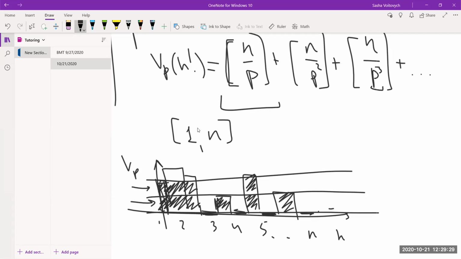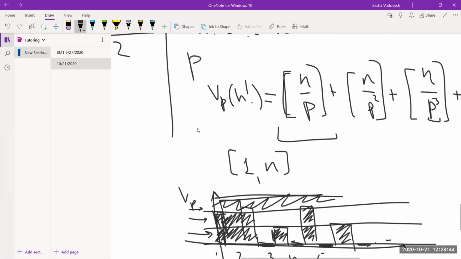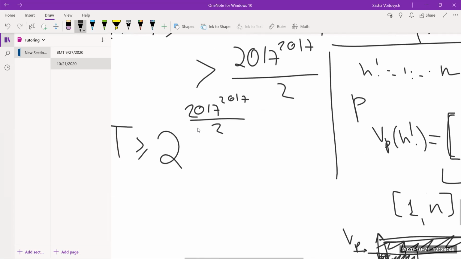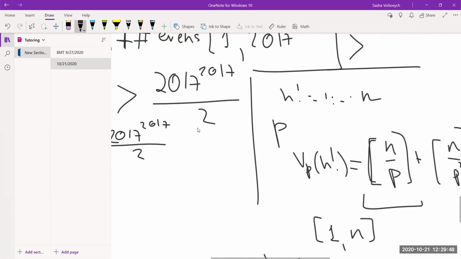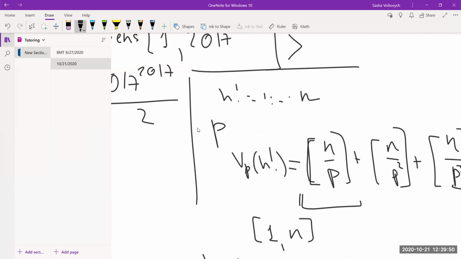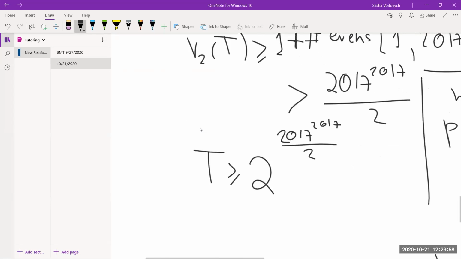Because if the tower is at least 2 squares high, then the number is divisible by p squared, and so on. So we're slicing this diagram, and this is where the sum comes from. So this term, 2017 to the power 2017 over 2, is we just took the first term and said that our sum is greater than this term. And we don't need much.